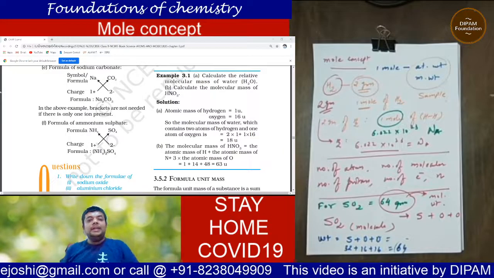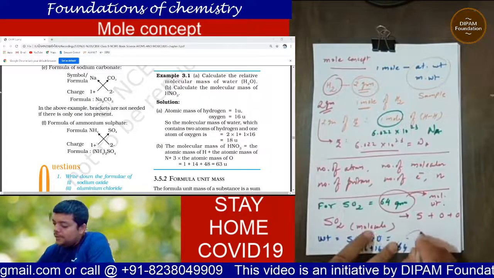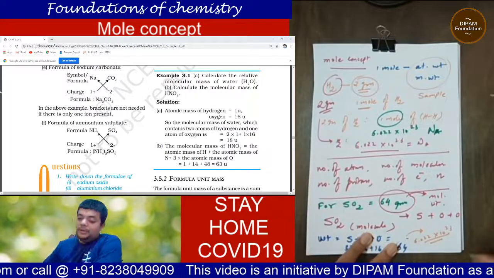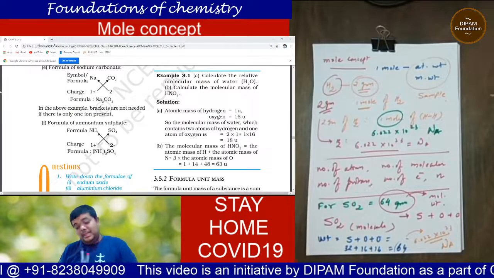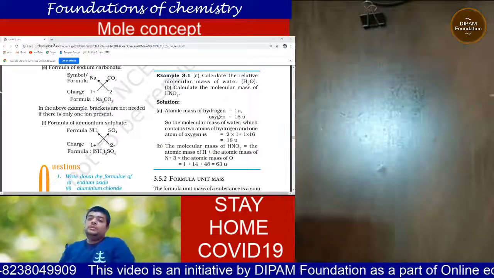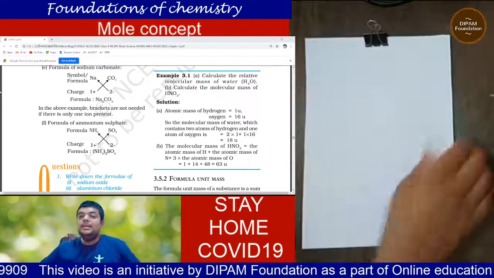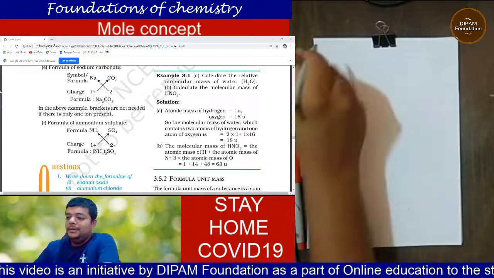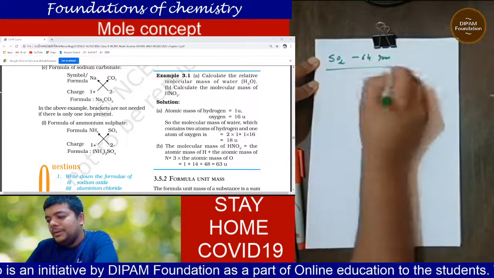It means when I get the weight equal to 64, the number of SO2 molecules present will be equal to 6.022 into 10 to the power 23, or equal to Na, that is, yes, Avogadro number. Now, once I have this Avogadro number clear in my mind, the next thing that I am going to deal with is much more important. See how. We were in SO2. The weight of SO2 was 64 gram given in the question paper.